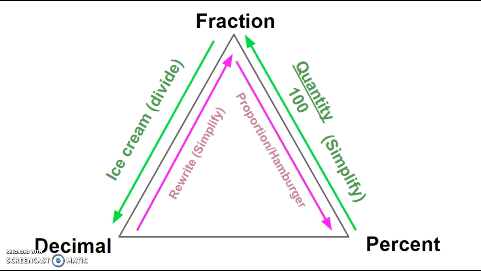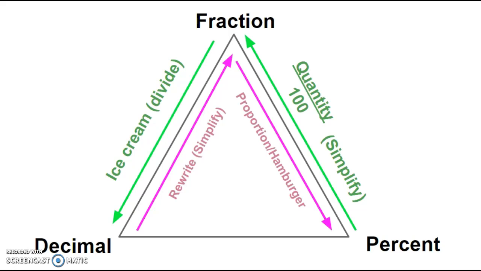When you move from a fraction to a percent, you set up a proportion. If you have 1/2 and you want to set it equal to a percent, then you have 1/2 equals a percent over 100. If you go from 2 to 100, you get that by multiplying 2 by 50.